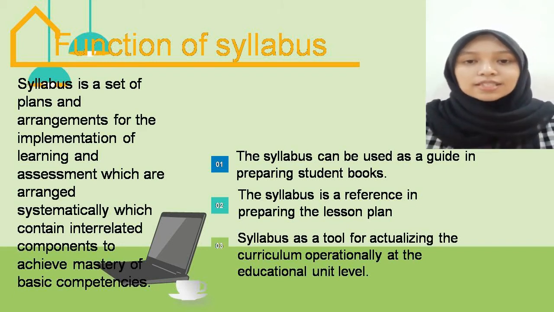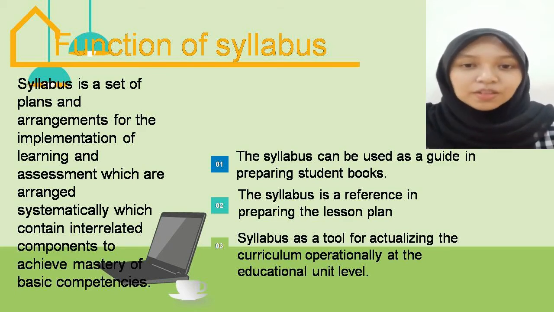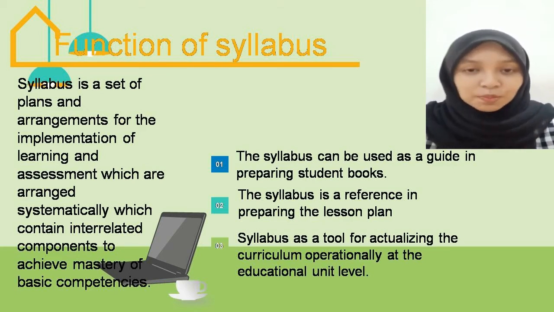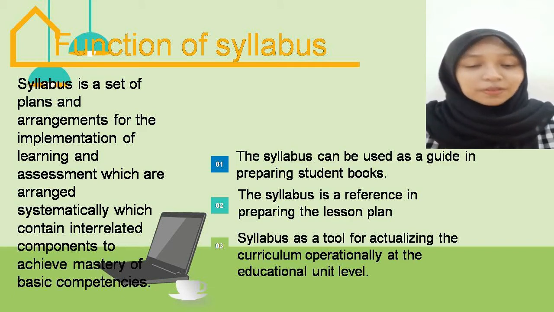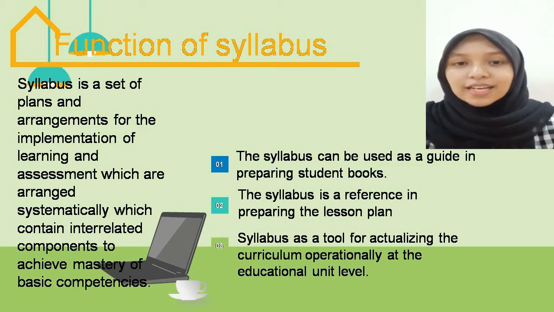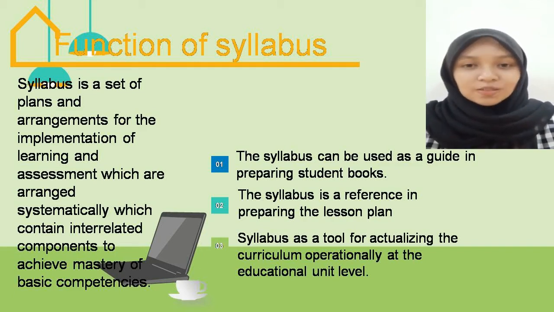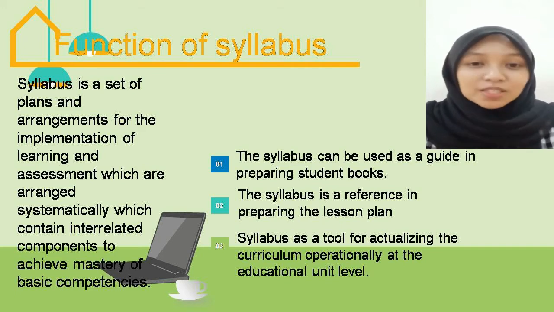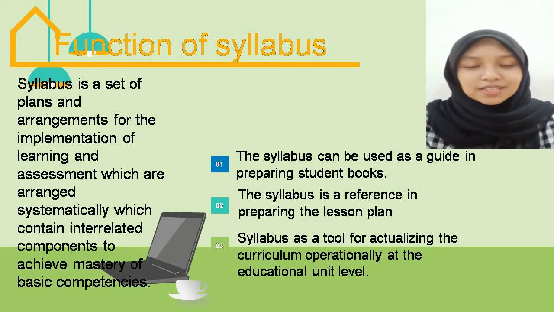Fifth, consistent. There is a consistent relationship adhering to the principles between basic competencies, indicators, main material or learning activities, learning resources, and assessment system. Sixth, actual and contextual. Indicator coverage, main or learning materials, learning activities, and learning resources.